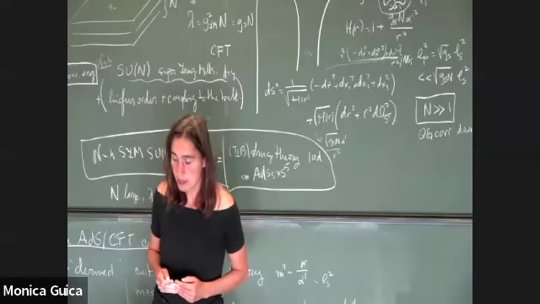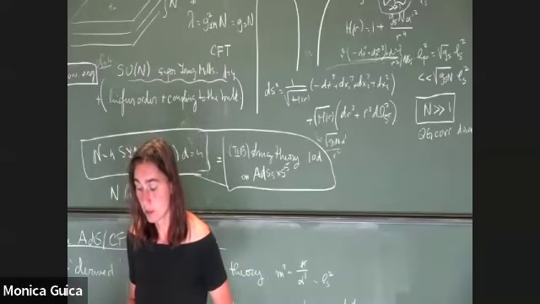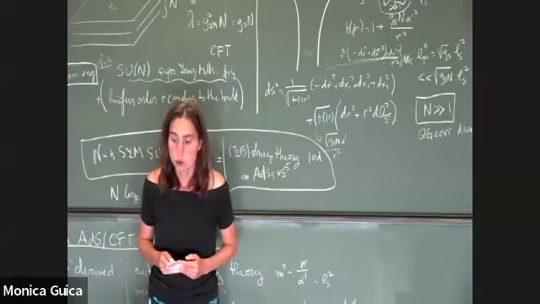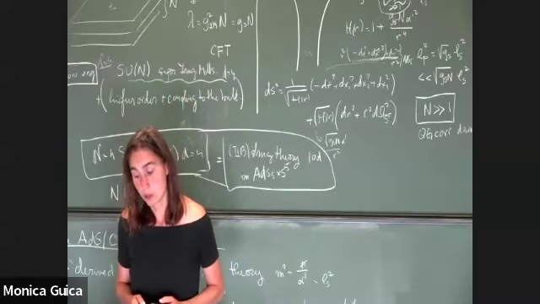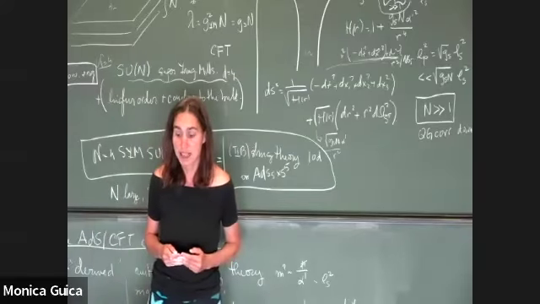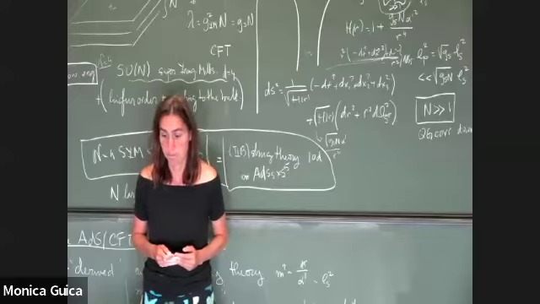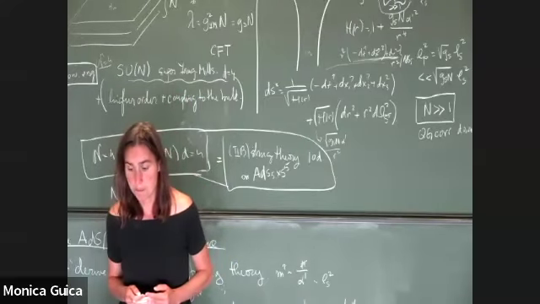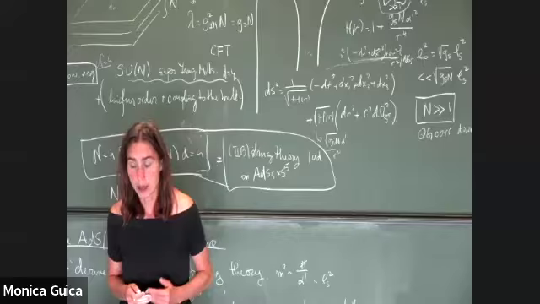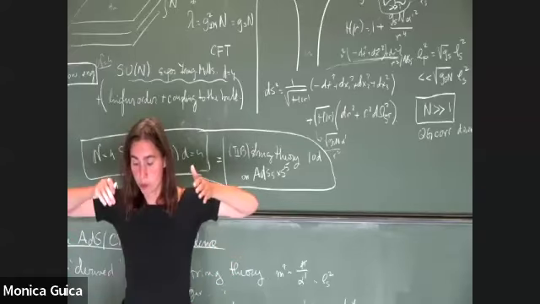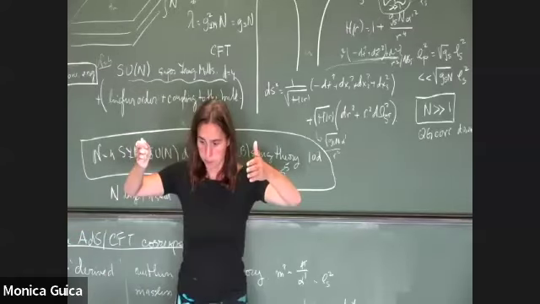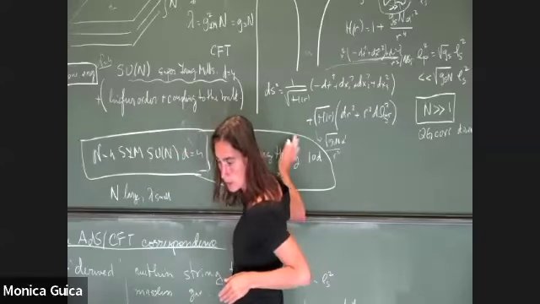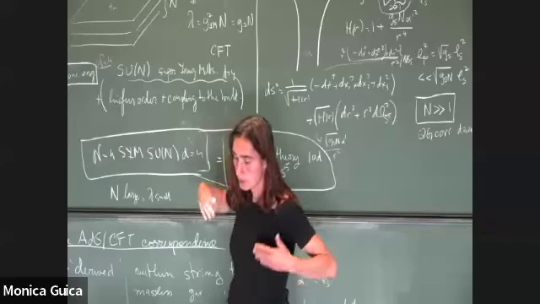What people do in those cases is try various bottom-up approaches. One thing that you can try to do in the case of flat space is take the flat space limit of AdS/CFT. I was showing you a correspondence between super Yang-Mills and type IIB.